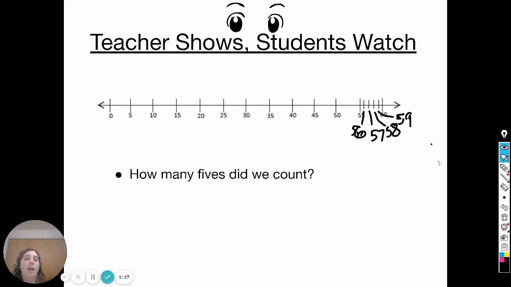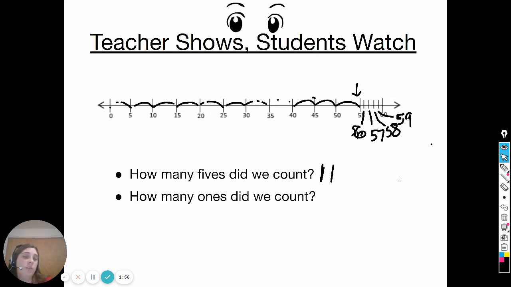So how many fives did we count? Because we had to get all the way to 55. So we had to count by fives. 1, 2, 3, 4, 5, 6, 7, 8, 9, 10, 11 times. So 11 times we had to count by fives.